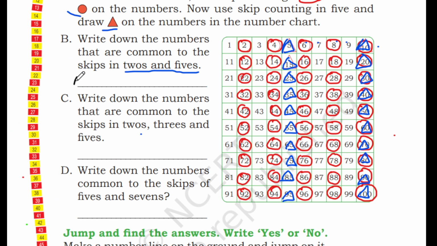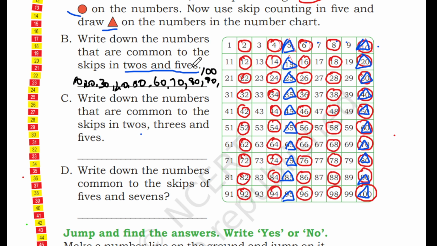So we found 10, 20, 30, 40, 50, 60, 70, 80, 90 and 100.